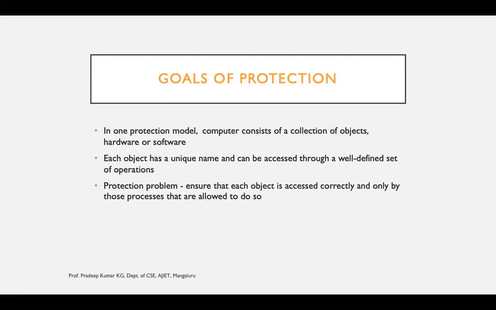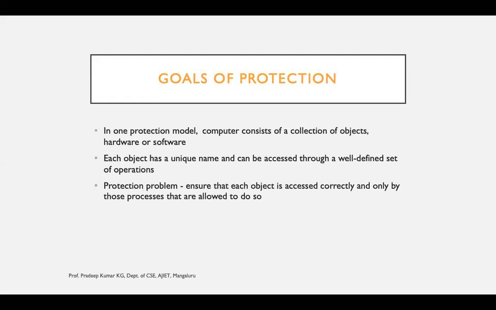To protect from unauthorized activity, from unwanted entry, and to protect privileged data, we need protection. Each object in a computer has its own unique name and number, and it can be accessed through a well-defined set of operations.